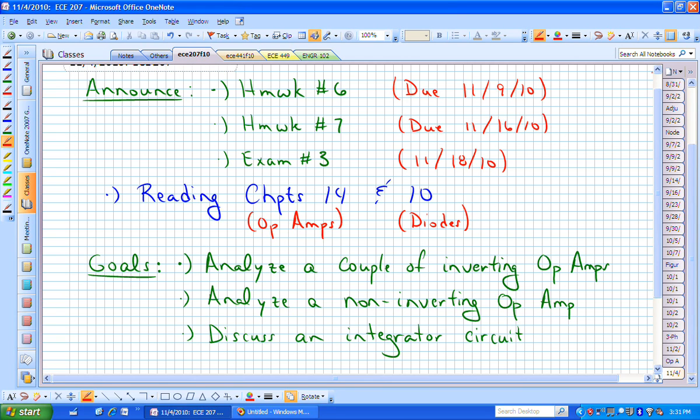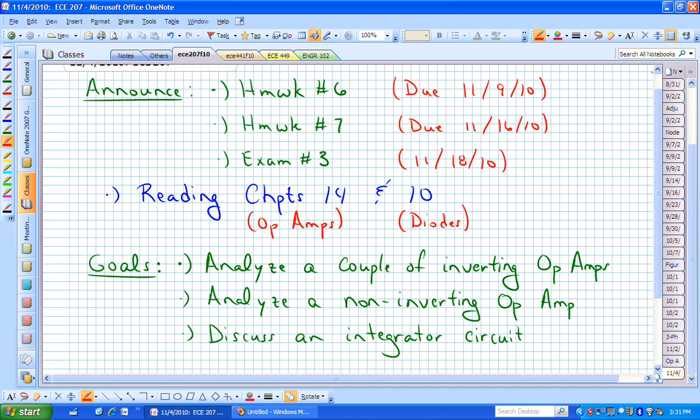So I realize that we're going through this very quickly, but I'm wanting you to be able to use the skills that you've already learned, which are KVL and KCL, in this new environment, which is an operational amplifier. You won't have to worry so much about what's going on internal to this three-terminal device. Obviously, we're connecting it to a power supply, so don't forget that.